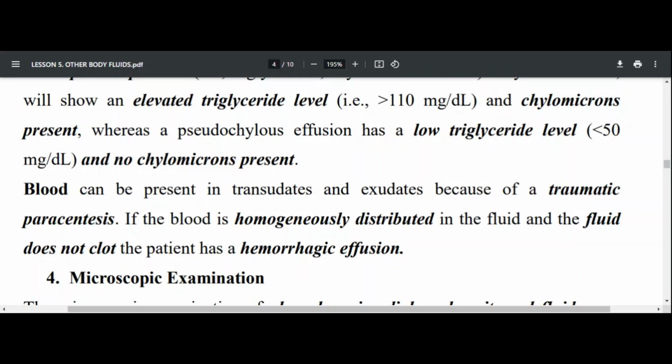If, after placing the fluid somewhere for some minutes, you find sedimentation of blood at the bottom of the tube, that is not a hemorrhagic effusion, because blood must be very well homogeneously distributed for it to be a hemorrhagic effusion.